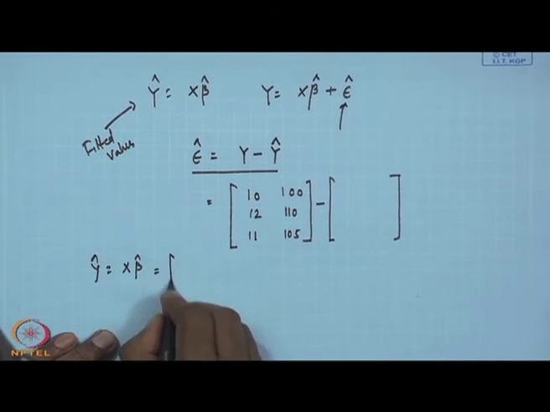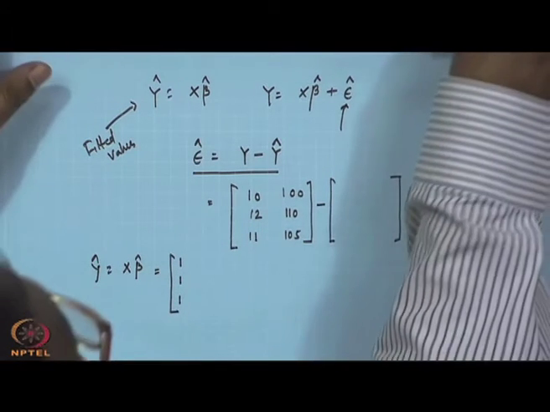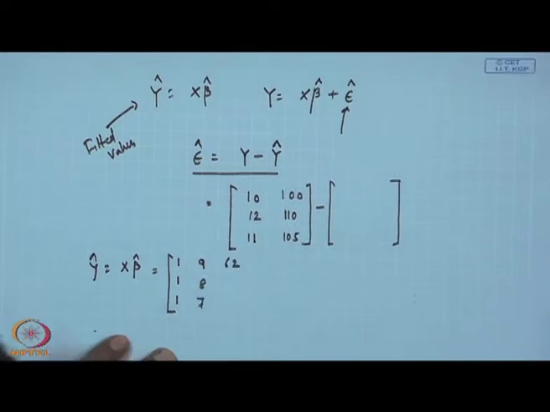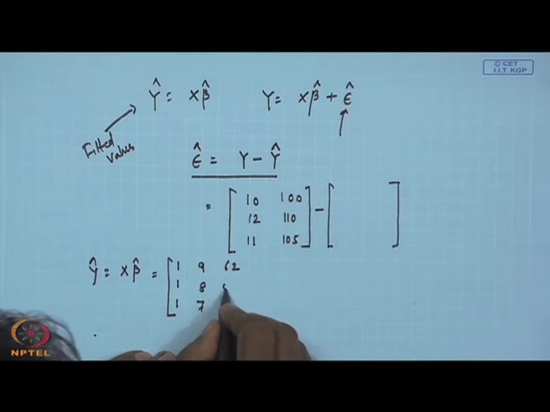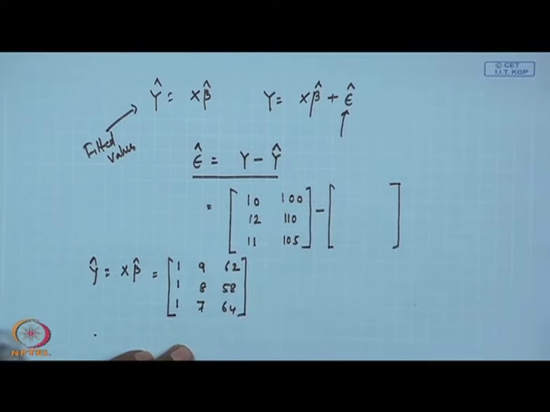Now x is 1 1 1, then if I go to the original data set, that is 9 8 7, then 62 62 58 and 64. So this one is 3 cross 3.